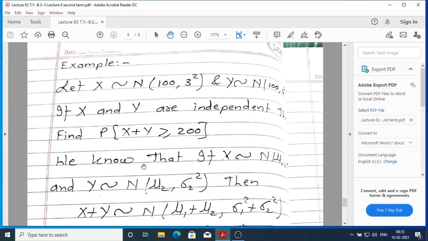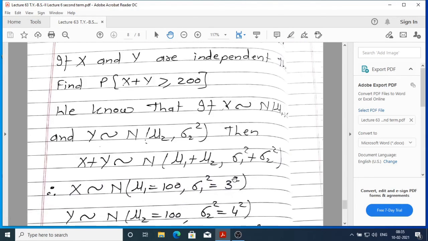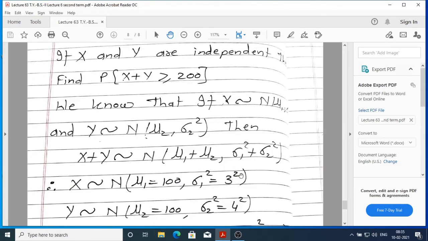So we know that if x follows normal with mu1, sigma 1 square and y follows normal with mu2 and sigma 2 square, then x plus y will follow normal with mu1 plus mu2, comma, sigma 1 square plus sigma 2 square. Therefore we are given that x follows normal with mu1 is equal to 100 and sigma 1 square is equal to 3 square. Y follows normal with mu2 is equal to 100 and sigma 2 square is equal to 4 square.